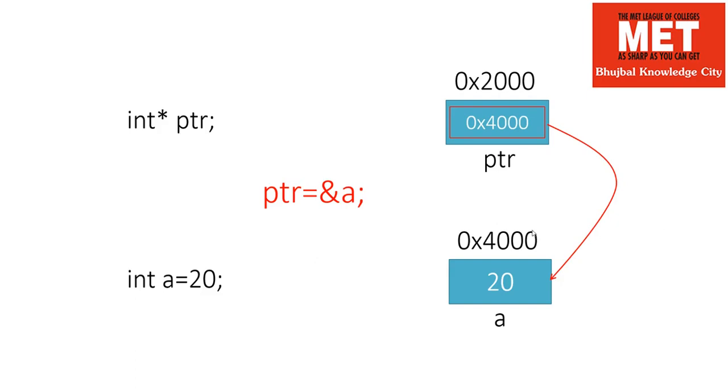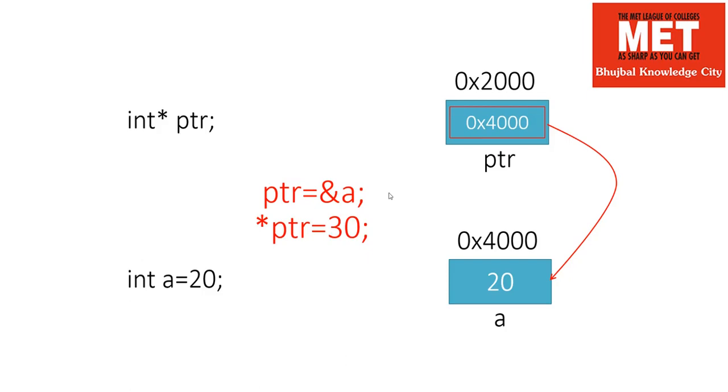Now let's see how to change the value of a through ptr. ptr contains the address of a, and now we want to change the value which is stored at a, which is 20. To do this, again we have to use the dereference operator, like star ptr is equal to 30.